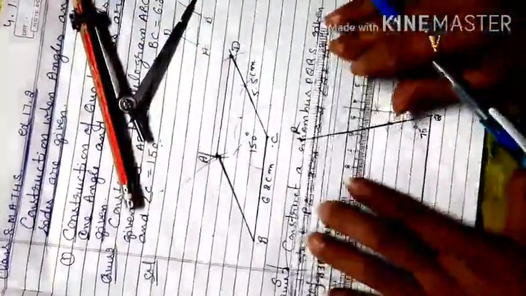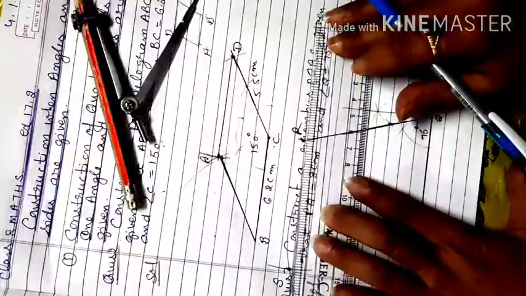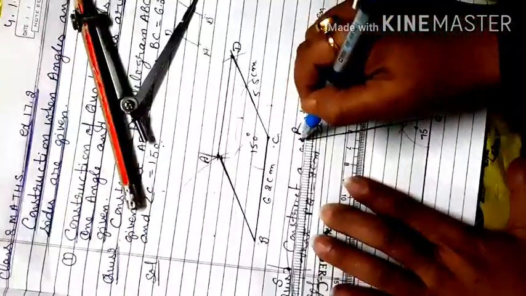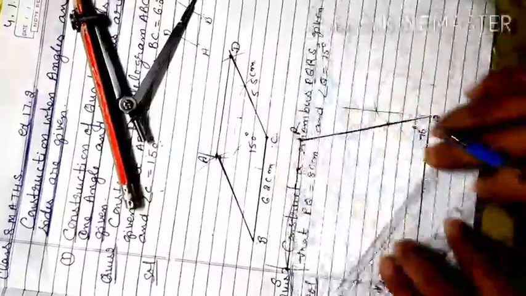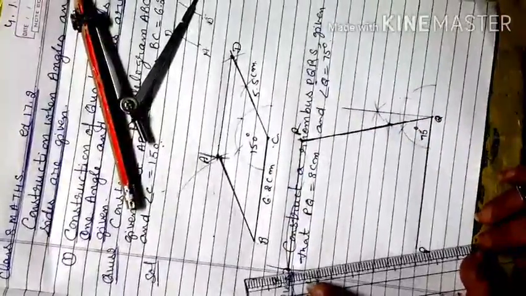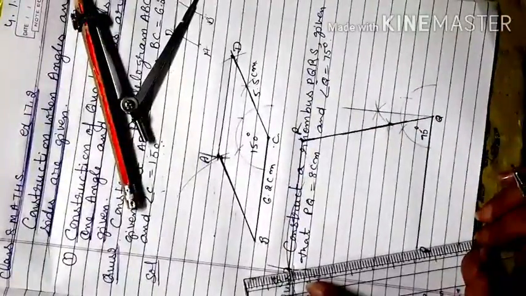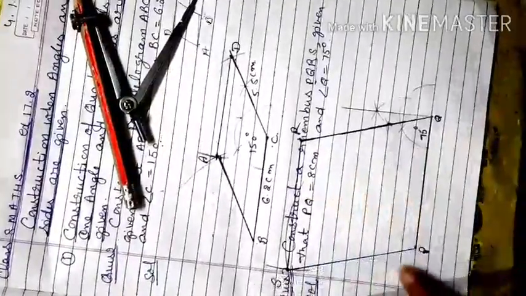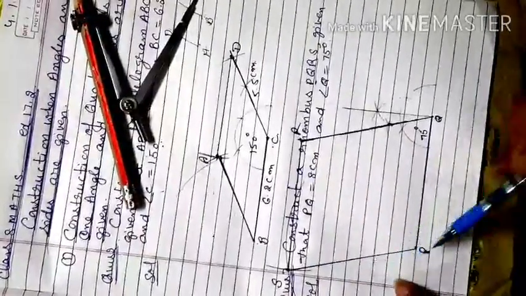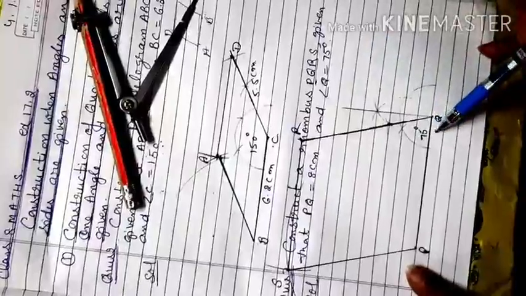Now you have to join that one, SR. So this is PQ. So this is the required rhombus PQRS, where each side measurement is 8 centimeter and angle Q is 75 degree.